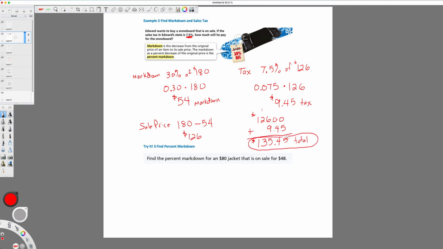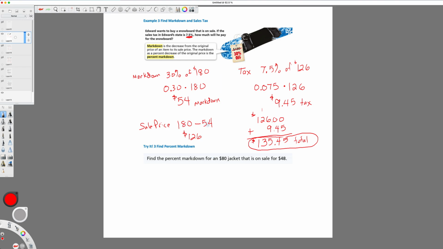So the regular price was $180. We calculated 30%. 30% of that 180 is how much off of the price it is. So we calculated 30% of 180 and got 54. And then we actually took that off because it said it was 30% off of the price.